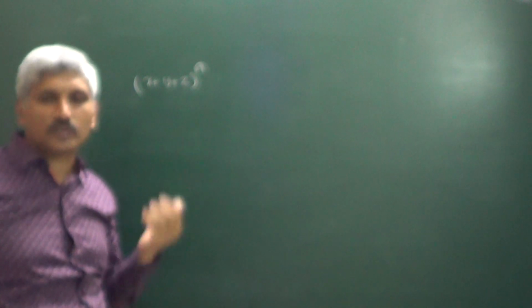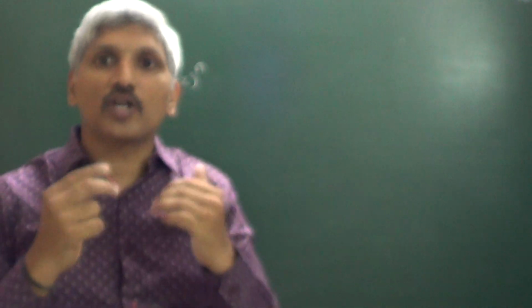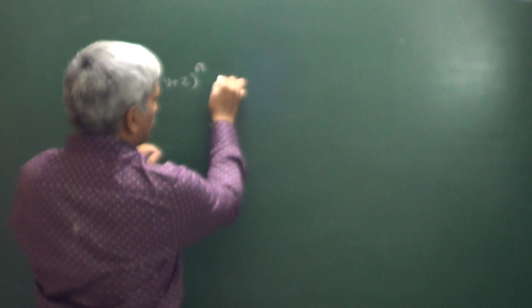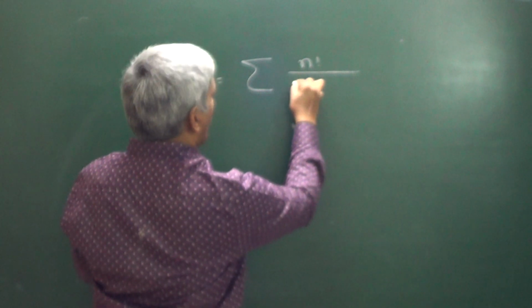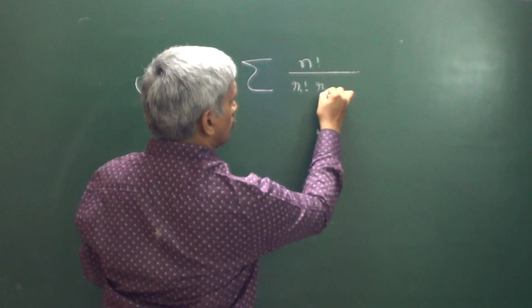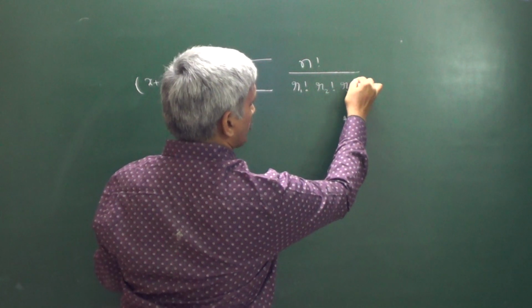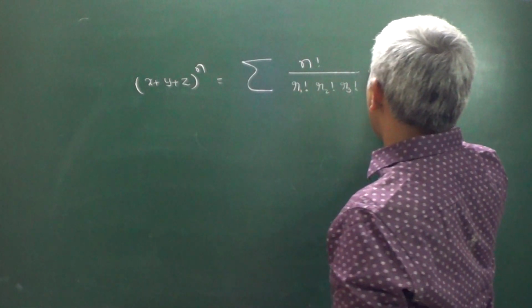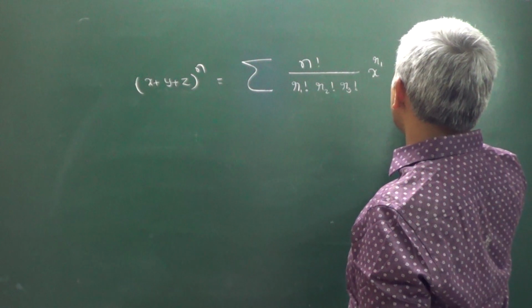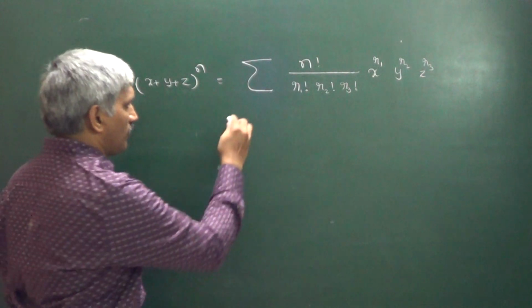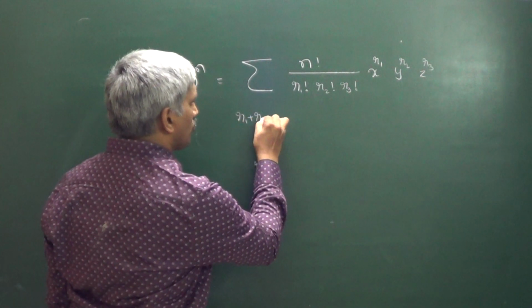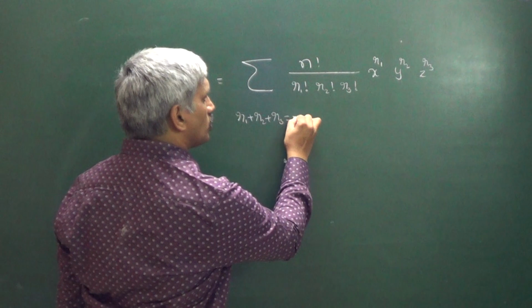This is (x + y + z) whole to the power of n. In this expansion, we want to find out the number of terms. You know how to write this one in the general form: summation of n factorial divided by r1 factorial into r2 factorial into r3 factorial into x to the power of r1, y to the power of r2, z to the power of r3. We have to expand the summation in such a way that r1 + r2 + r3 must be equal to n.